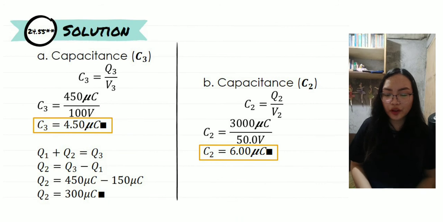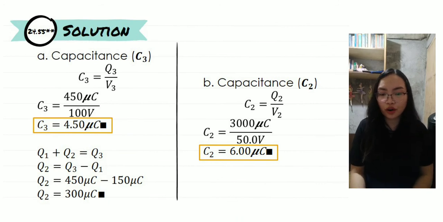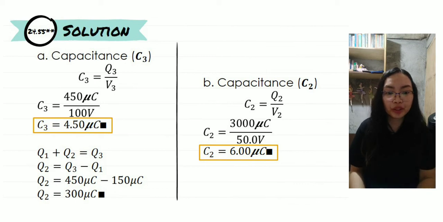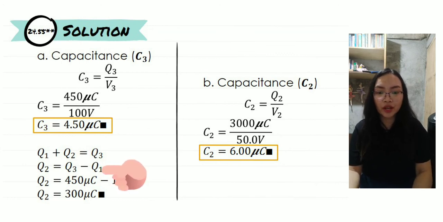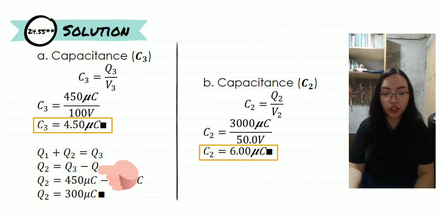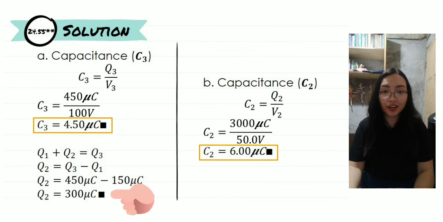So since we already have the value of capacitor 3, now we will proceed to the value of capacitor 2. But in order to do this, we first need to find its charge. So to find the charge of capacitor 2, we have to subtract the charge of capacitor 1 from the charge of capacitor 3. So 450 microcoulomb minus 150 microcoulomb is equal to 300 microcoulomb.